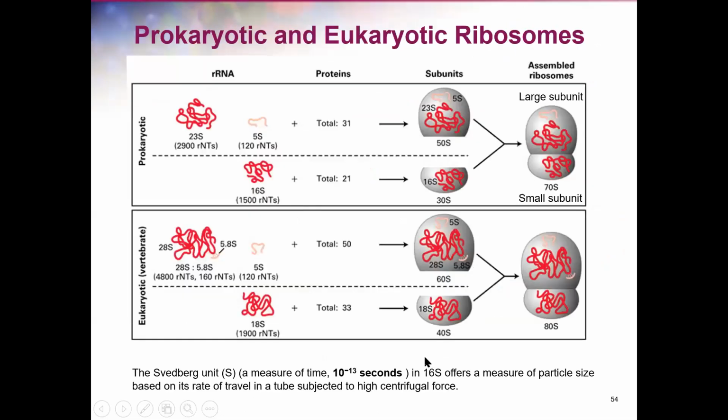They only contain 18S RNA. So those are the two differences. One is the total size between prokaryotic cells and eukaryotic cells: you can see prokaryotes have 70S, while for plant, animal, human, the ribosome size is 80S.